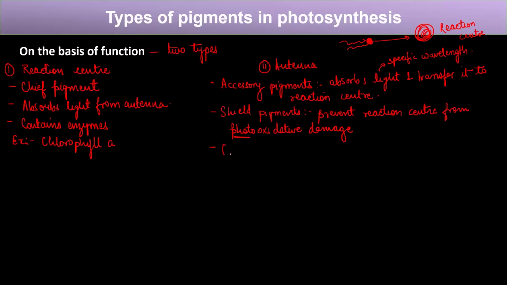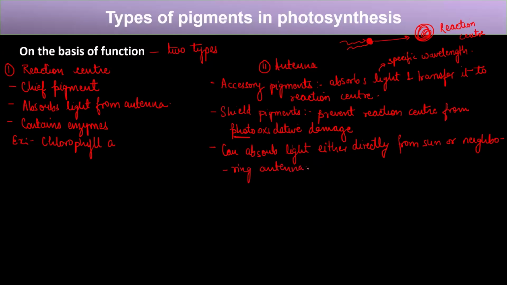These antennas can absorb light either directly from the sun, or they can also absorb light from neighboring antennas. I'll explain this with an example, but for now, just remember that these antennas can absorb light either directly from the sun or from a neighboring antenna.